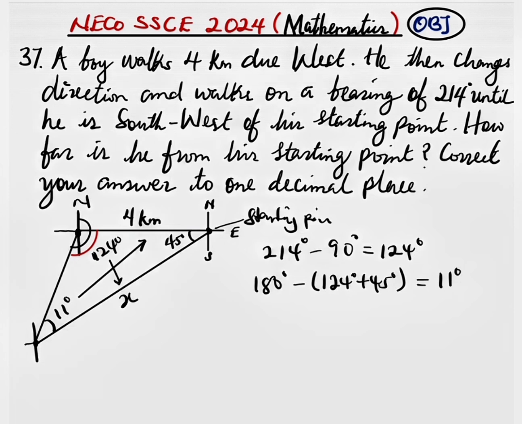So we can use these two to get the value of x. So we have, let's start with the length, x over sine 124 degrees is equal to 4 over sine 11 degrees.